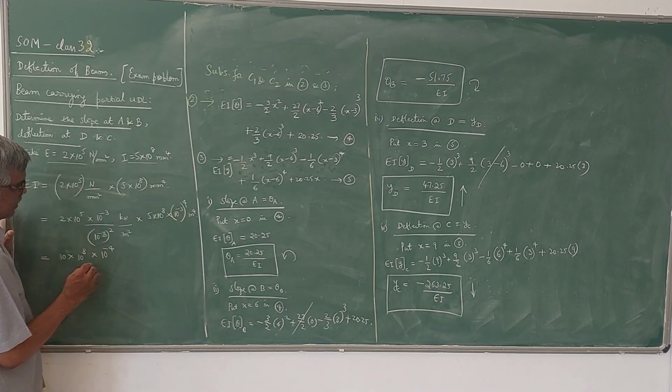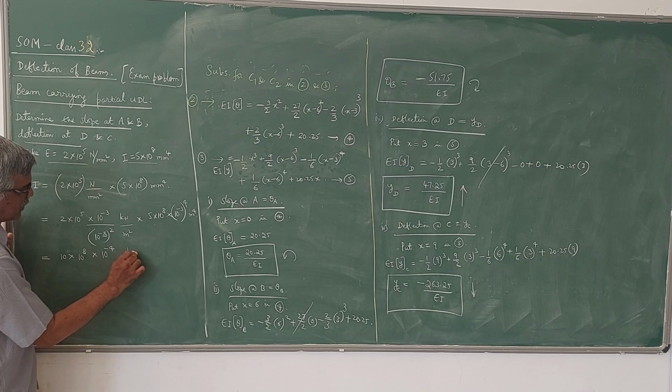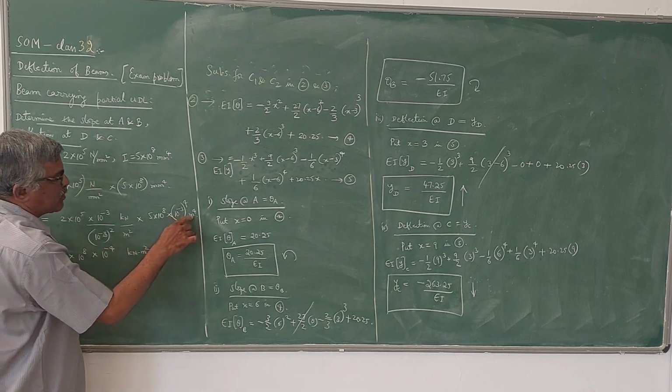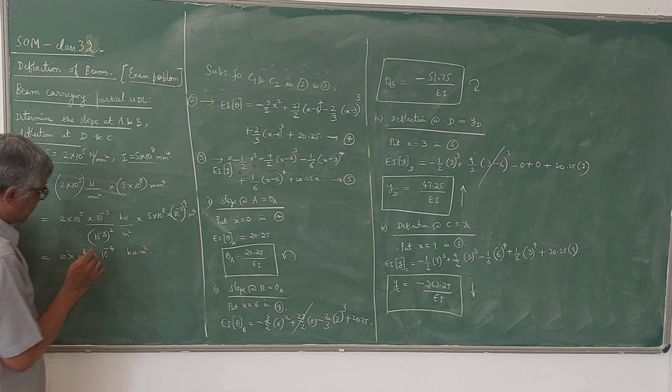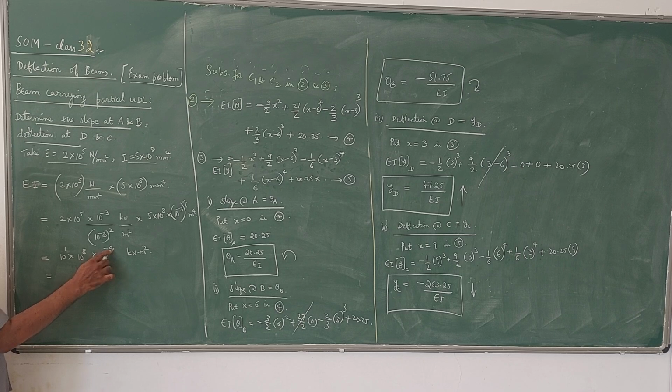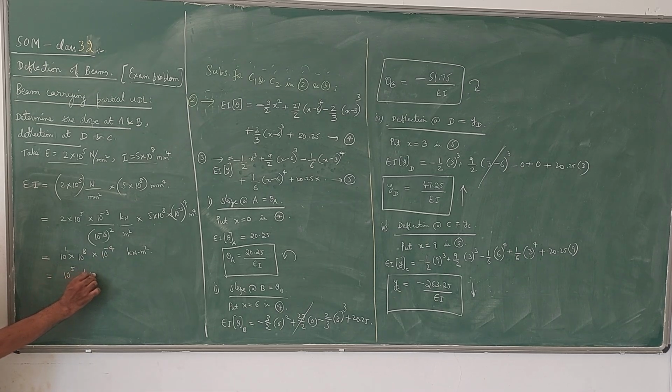Kilonewton per meter square into meter power 4 will be kilonewton meter square. So finally 10 power 1 into 10 power 8 into 10 power minus 4, that is 9 minus 4, is 5. So finally you get 10 power 5 kilonewton meter square. This is the value of EI.